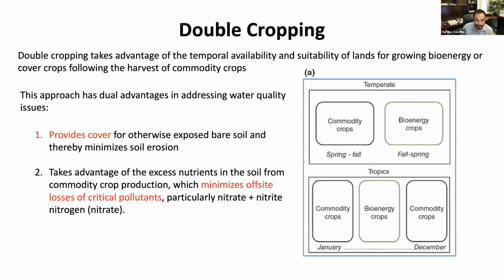In addition, it can also take advantage of the excess nutrients which we apply to the commodity crop and that stay in the soil, which can minimize the offsite losses of critical pollutants, particularly nitrate and nitrite.